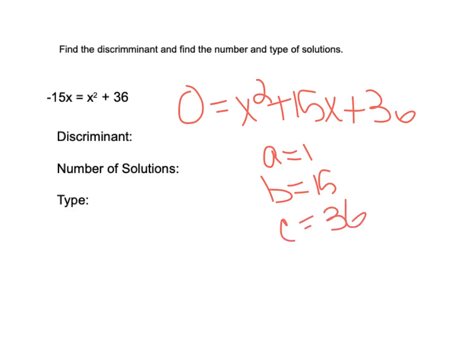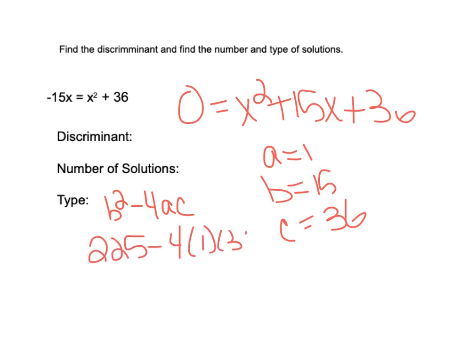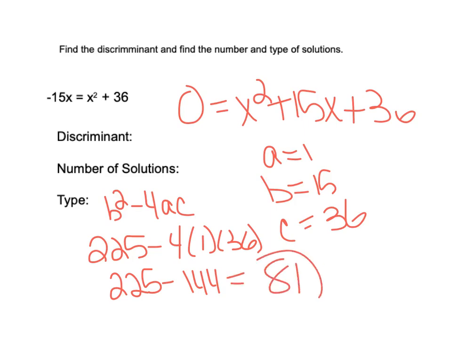So when I put that into my b squared minus 4ac, I get b squared is 225 minus 4 times 1 times 36, which is 225 minus 144, which equals 81. So my discriminant is positive 81, which tells me there are 2 real solutions.